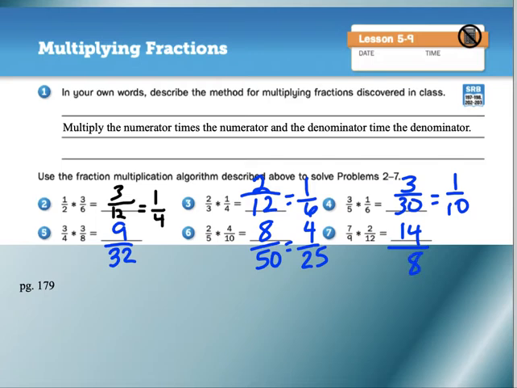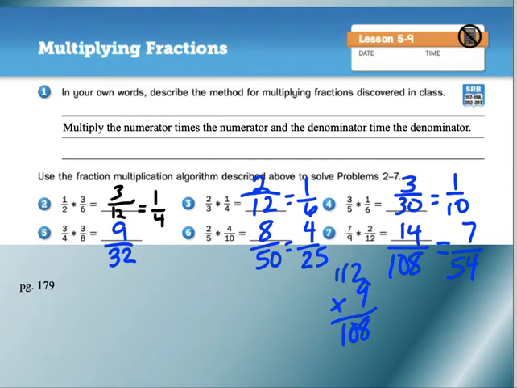Sorry, I didn't do this yet. 12 times 9, I'll show my work. 18, which is 108. And I suspect both of those can be divided by 2, so that would be 7 over 54. And that's probably the end of that one.